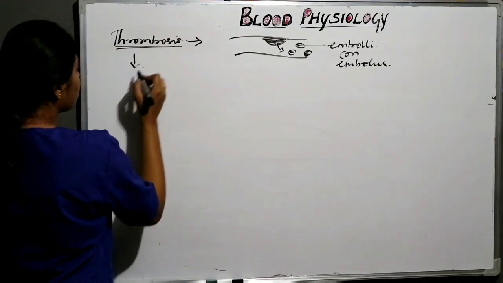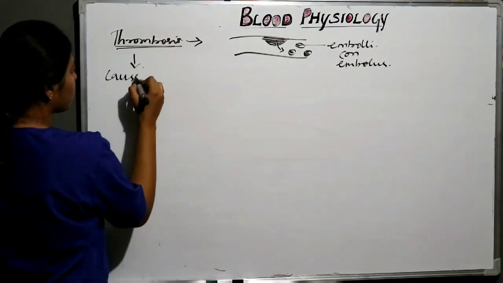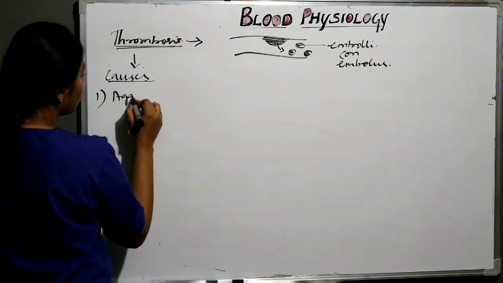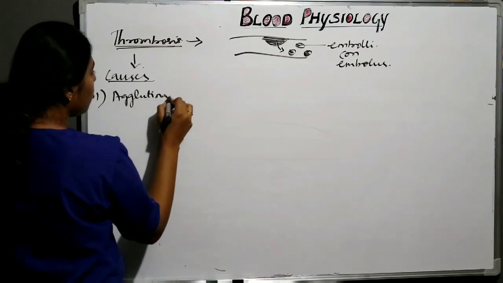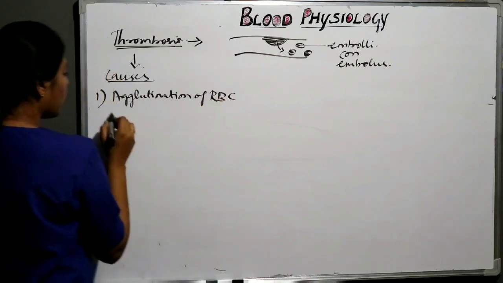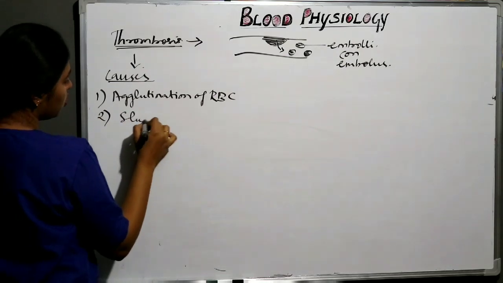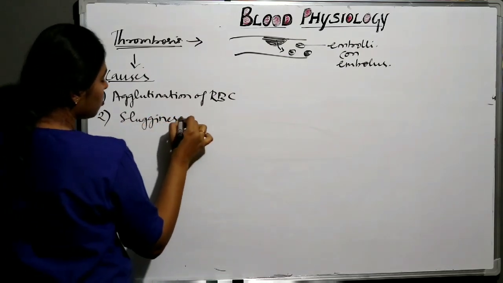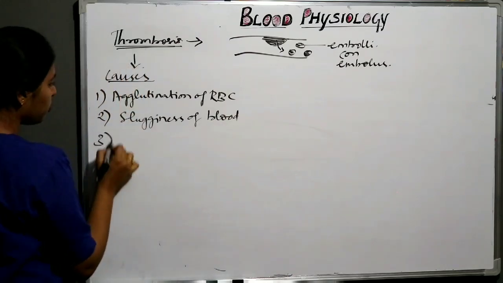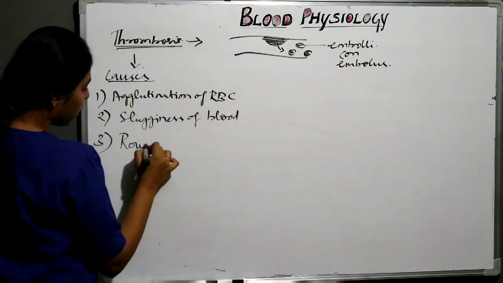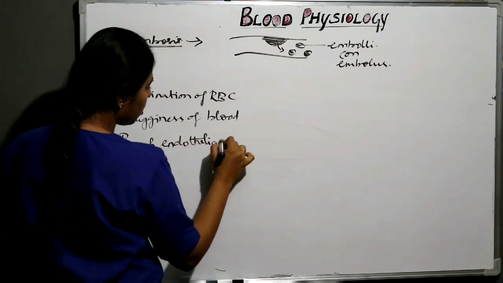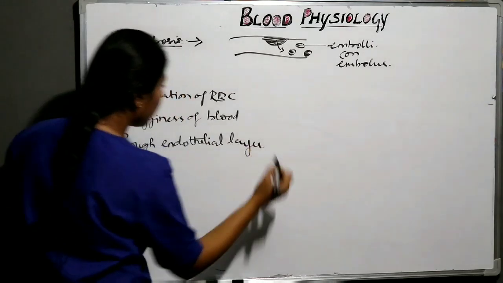So why thrombosis occurs? Causes. First one, it may be due to agglutination of red blood cells, or it may be due to sluggishness of blood, or it may be due to rough endothelial layer.